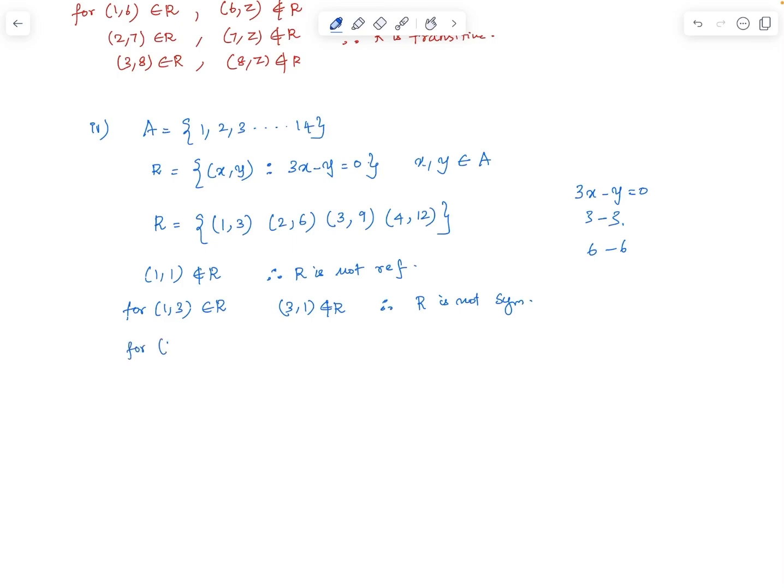For (1, 3) in R and (3, 9) in R, we don't see a (1, 9) in R. Therefore, R is not transitive. Putting the results together, R is not reflexive, not symmetric, and not transitive.